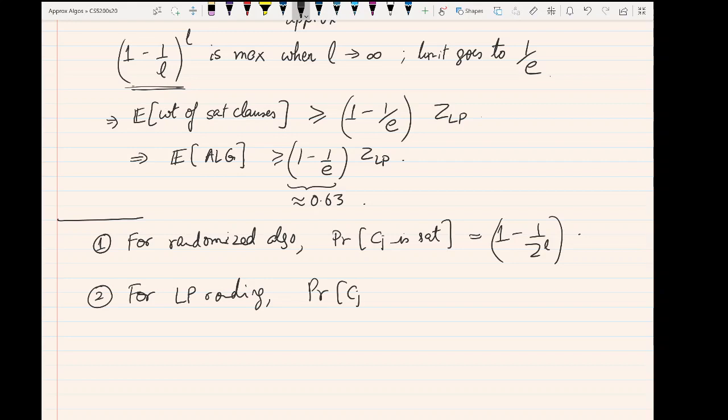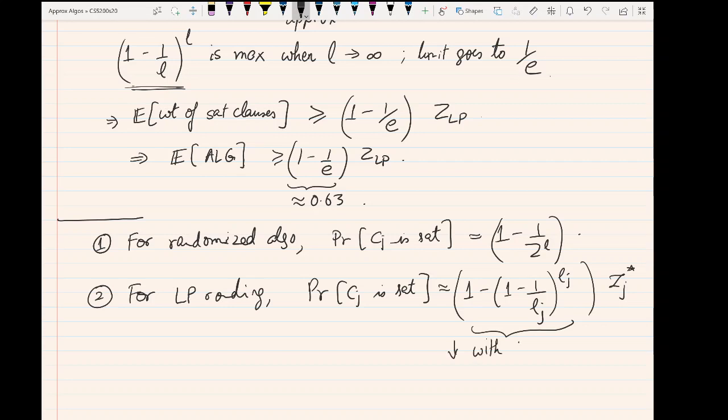the probability that Cj is satisfied looks something like 1 minus (1 minus 1 over Lj) raised to Lj times Zj star. Okay. And this quantity here decreases with the increase in length.